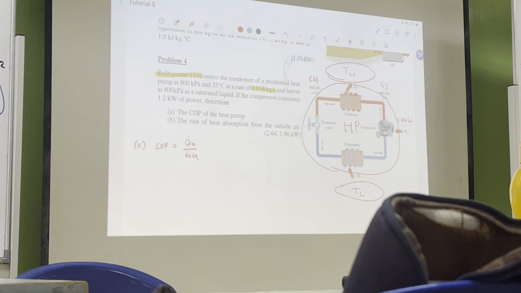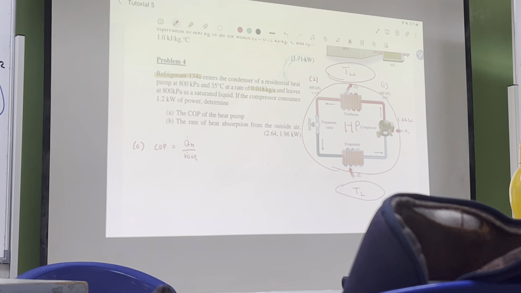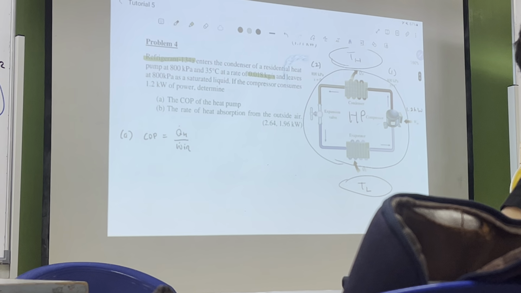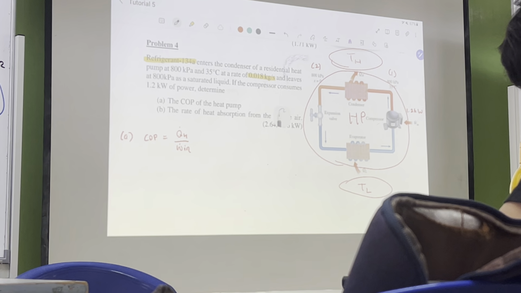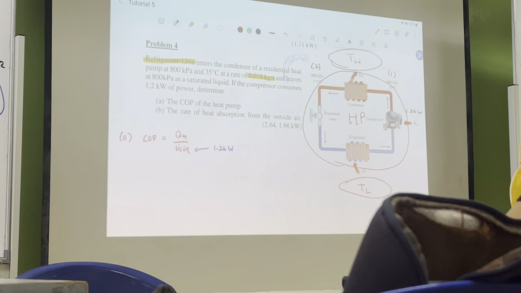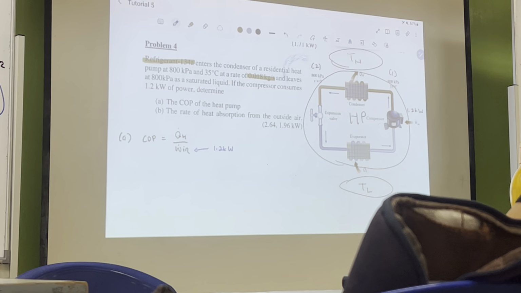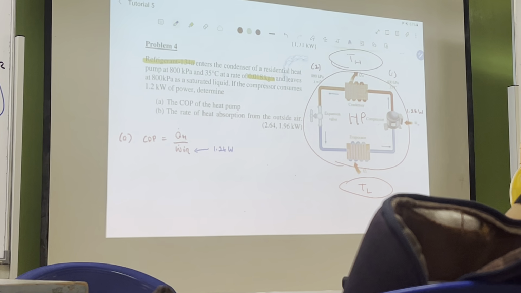So this is how you can find the COP, of course, the general equation. Work in here is given to you. This is 1.2 kilowatt. The question here will be, how do we find QH?